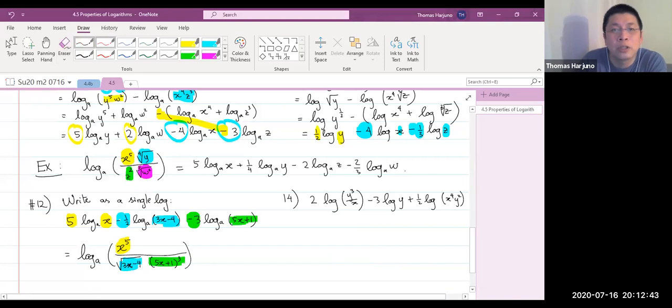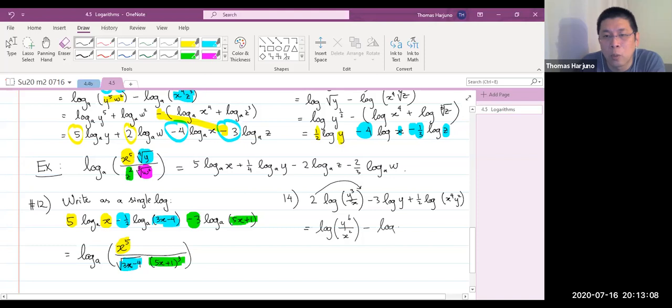Let's try to do this number 14. I think I need to go a bit slower. This is log of y to the 6 over x squared, because I moved the square to the front. And then y cubed squared is y to the 6, x squared is x squared, minus log y cubed plus log x squared y. Now let's put them together.